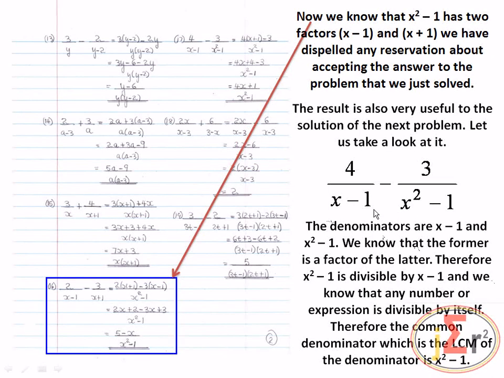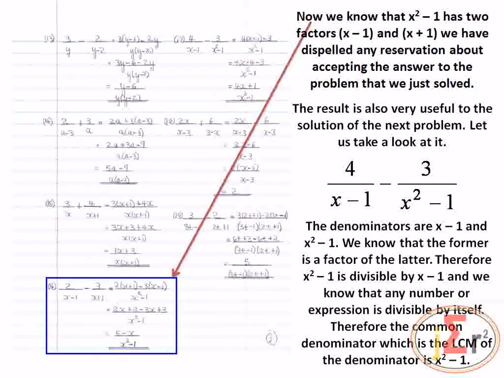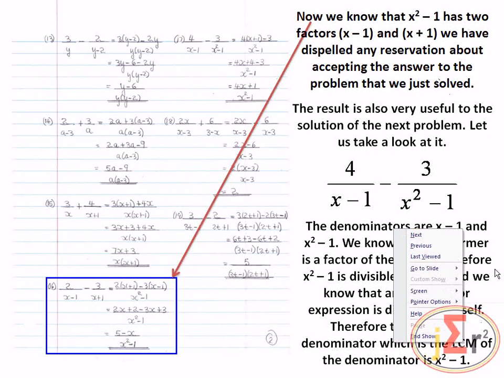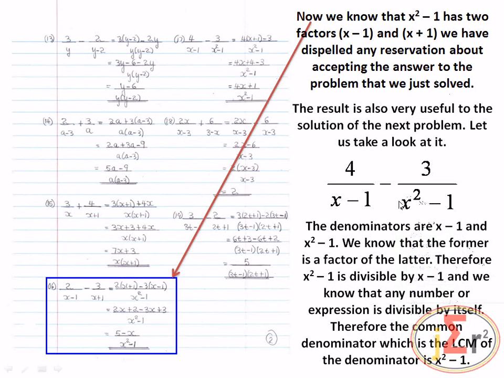So we know for sure that x minus 1 can also go into x squared minus 1. Therefore, the common denominator, which is the LCM of the denominators, is x squared minus 1. This is the LCM of the denominators because it can go into itself. Anything can go into itself.